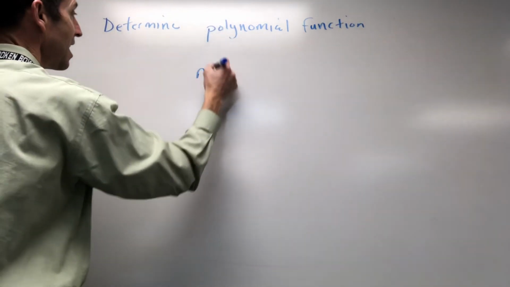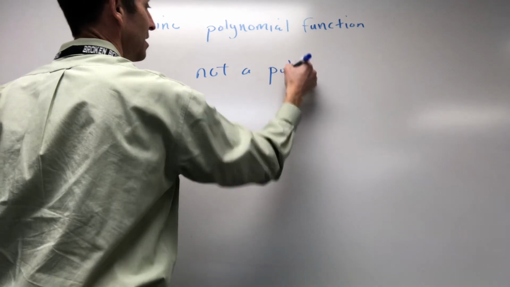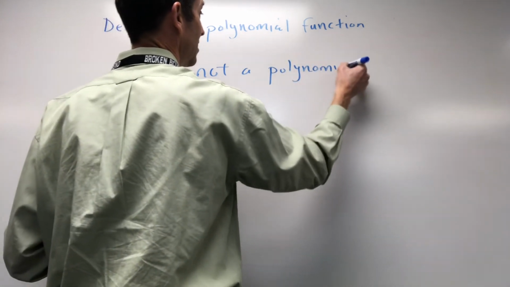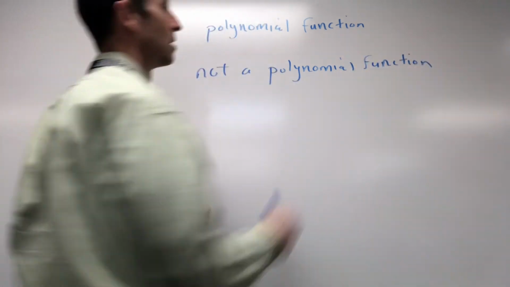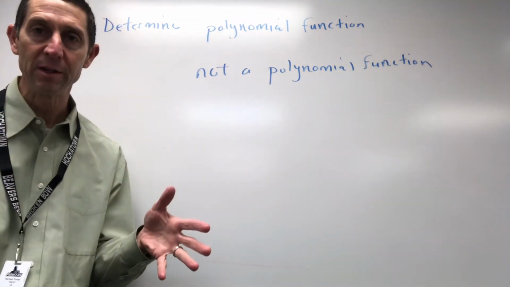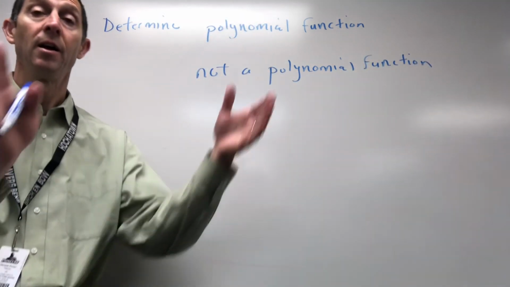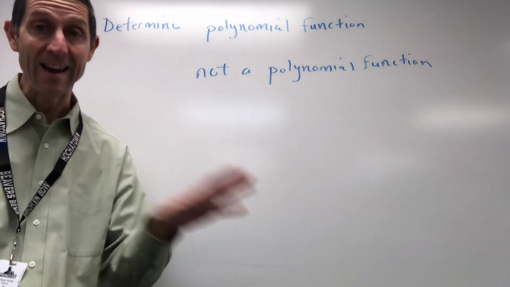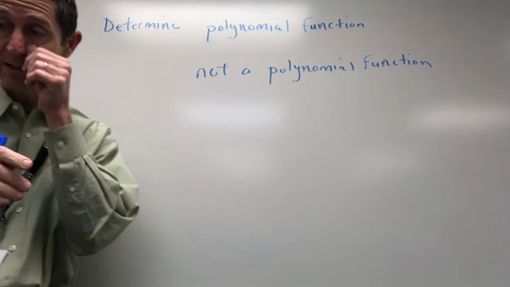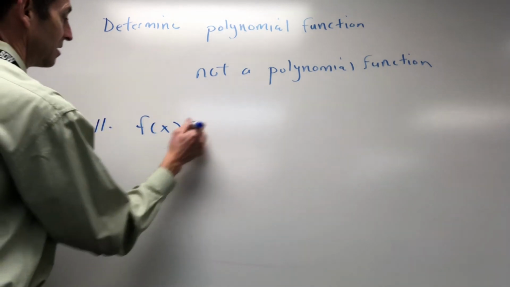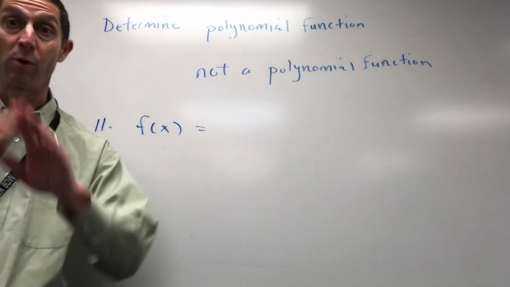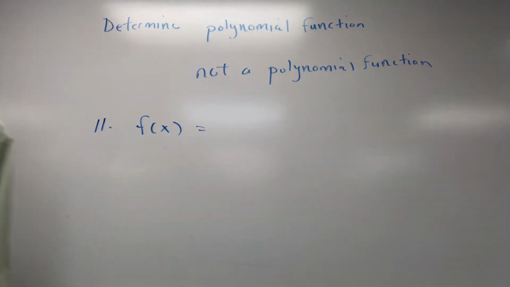Or is it not a polynomial function? For these last three examples, you got two choices. Is it a function? Is it not a function? That's what we're trying to decide. I think we're all the way to number 11. So let me give you a couple looks of what makes it not a function.